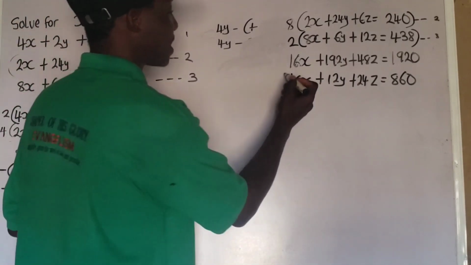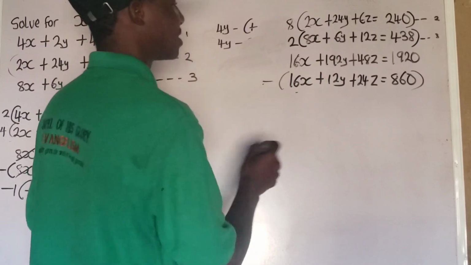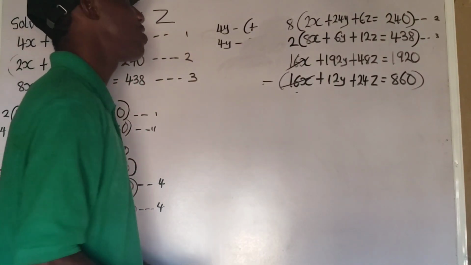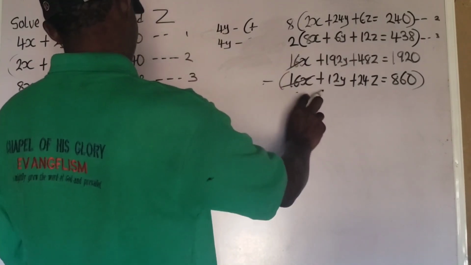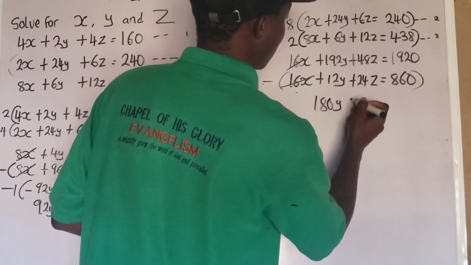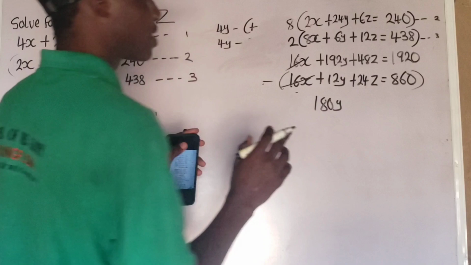Just add a negative sign. Now 16x minus 16x is 0, so this cancels this. Now 192y minus 12y is 180y. Please understand what I'm doing.